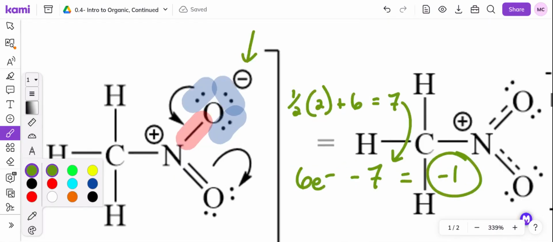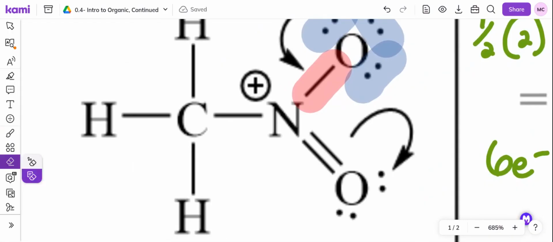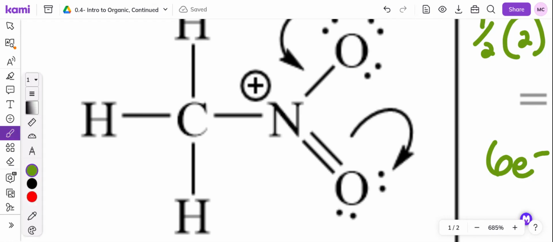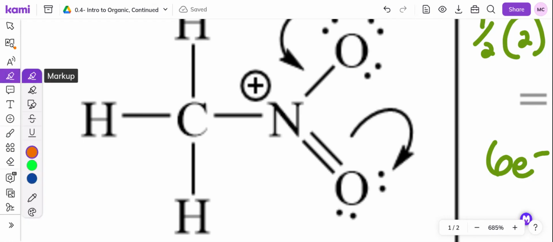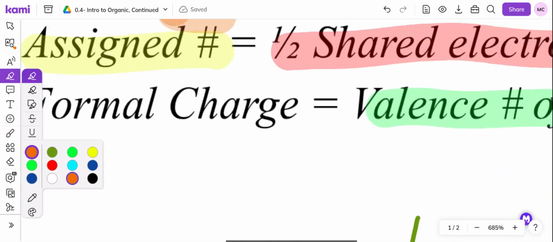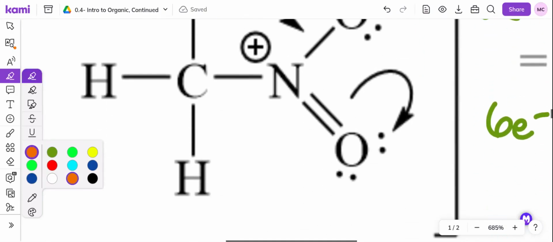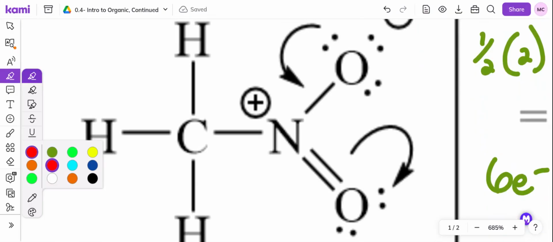If I look at, say, the nitrogen, okay, let me erase those. If I look at the nitrogen, we need to find the assigned value, which is 1/2 shared. Looking at this nitrogen, you've got 2, 4, and then 4 more, because there's a total of 4 bonds.